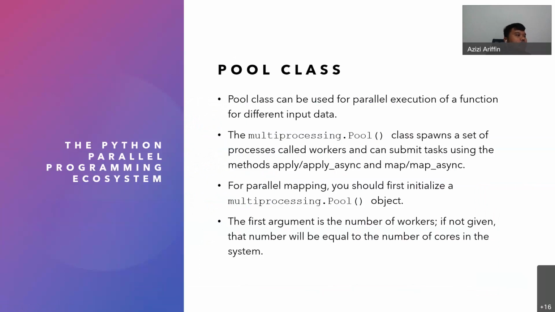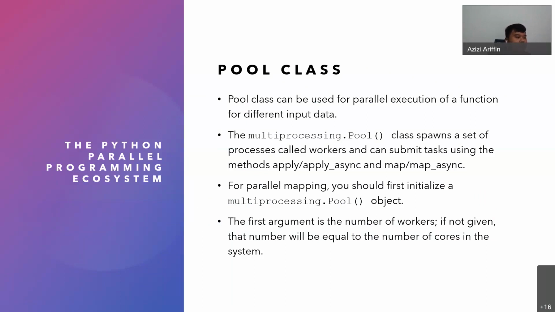Kita juga ada Pool class which can be used for parallel execution of a function for different input data. So the multiprocessing Pool class spawns a set of processes called workers and can submit tasks using the methods apply, apply_async or map_async. So for parallel mapping, you should first initialize a multiprocessing Pool. And the first argument is the number of workers.